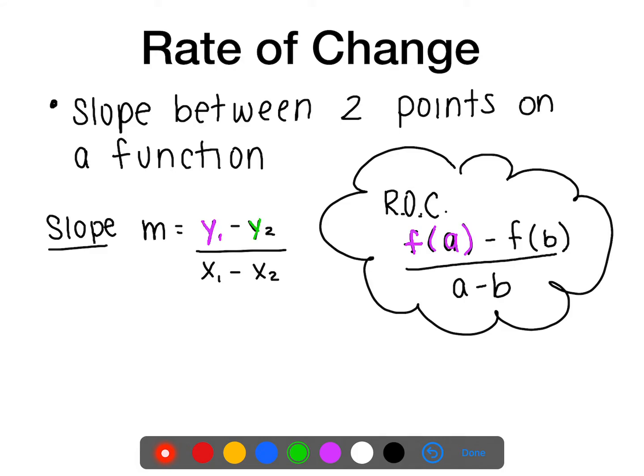Y2 is the same thing as saying the y value at point B. X1 is my point A specifically that they're telling me. And X2 is my point B.